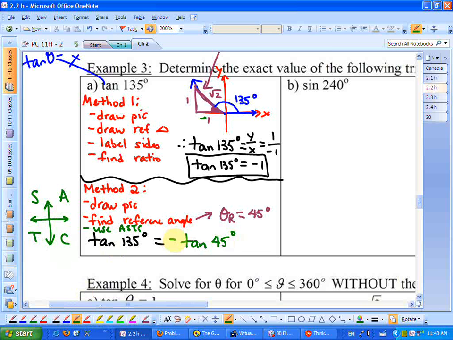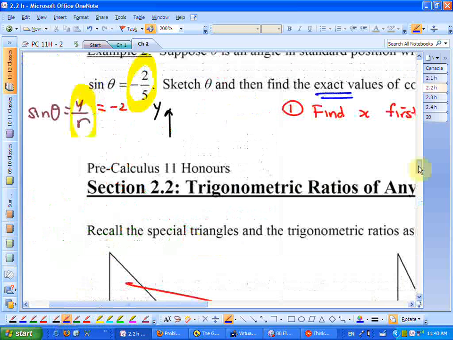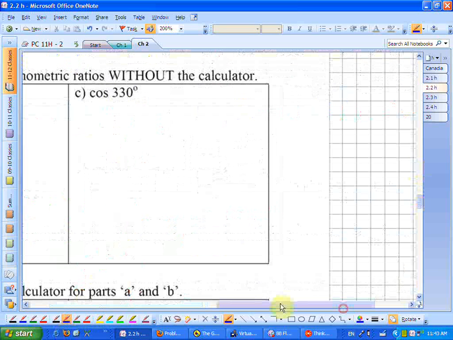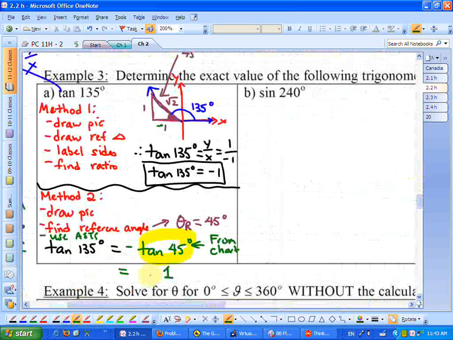And what is tangent of 45 from the chart? That chart on the previous page, this chart over here, tangent 45 is which one? 1. Good. So from the chart, this equals 1, so your answer is -1.